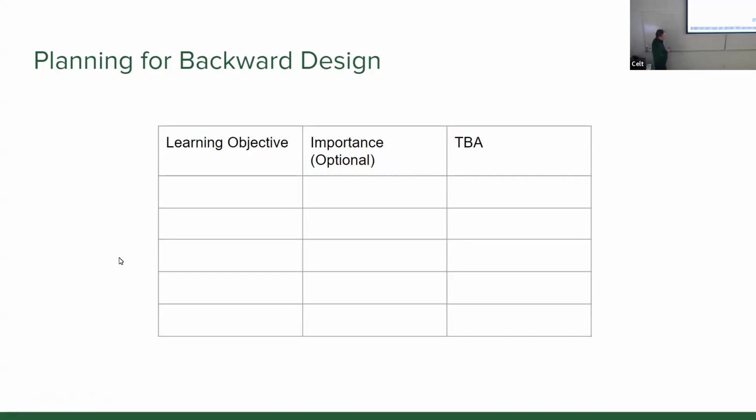One thing that I'm going to ask you to do after this class is done, and you will have access to this sheet in the companion course, is to think about, for the course that you want to design, what are your learning objectives? And then the next thing I'm going to say is optional. If you want to rank them by importance, it can be interesting, but it's not necessary.